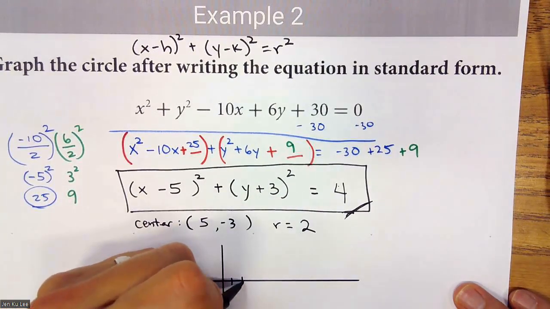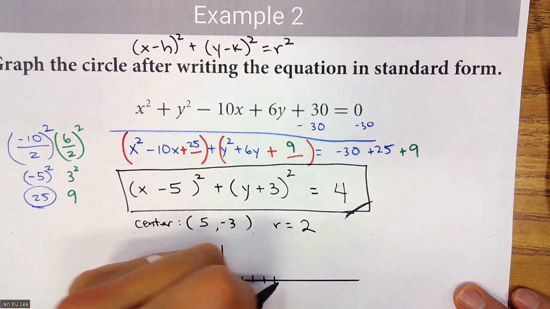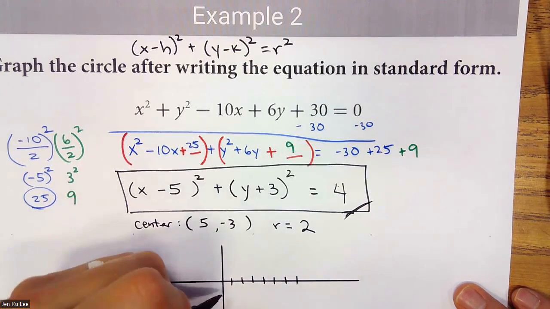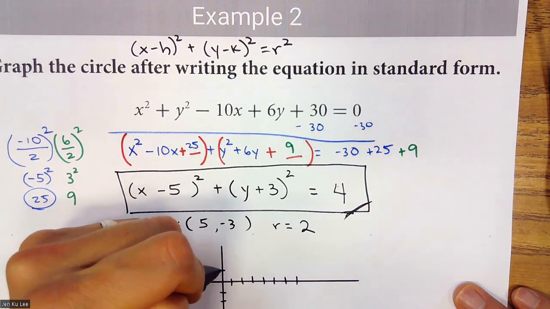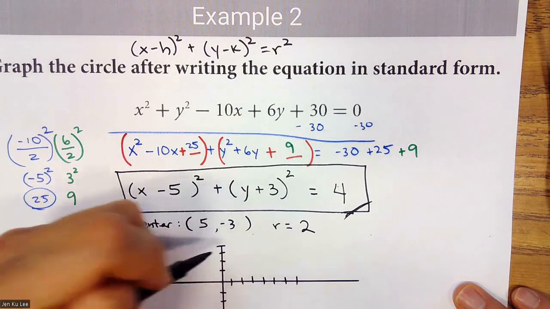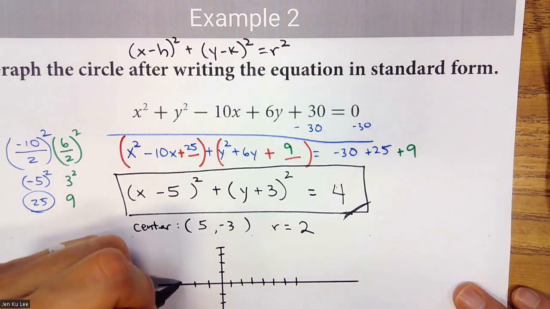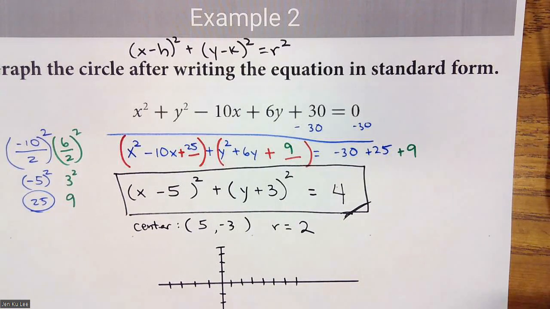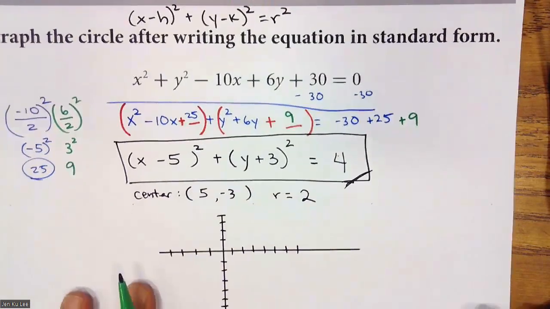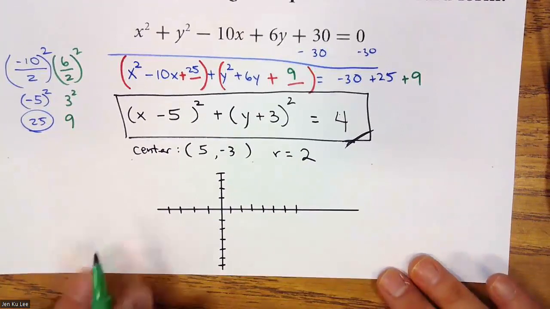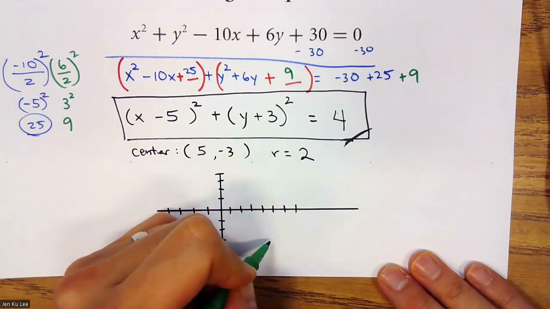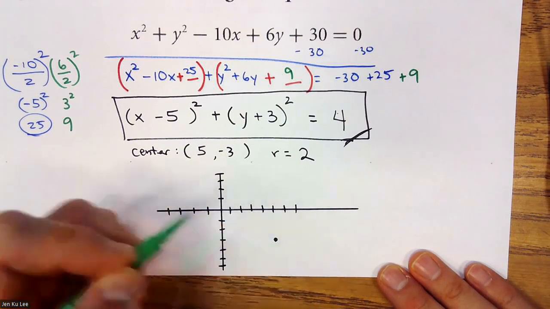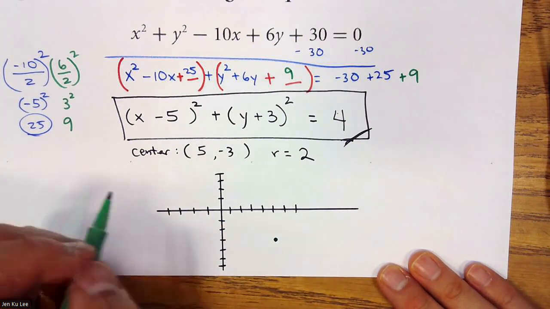So 1, 2, 3, 4, 5. 1, 2, 3, 4. Okay. So my center is at 5 comma negative 3, right? So I'm going to go 1, 2, 3, 4, 5. Negative 3 is here, so it's right there. That's my center. That's my h comma k.